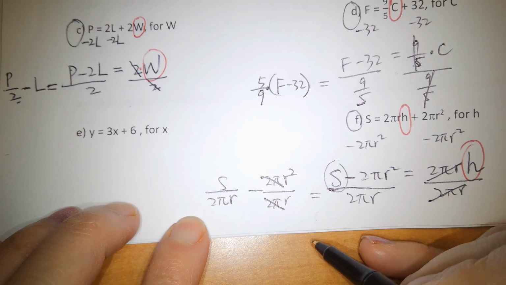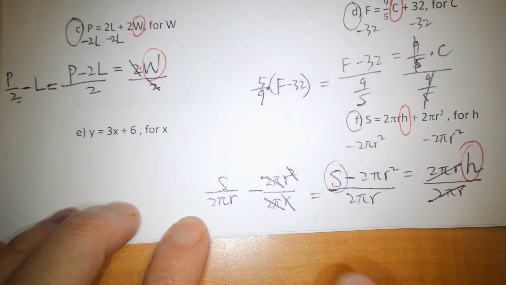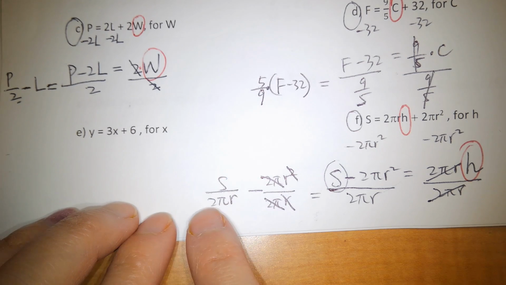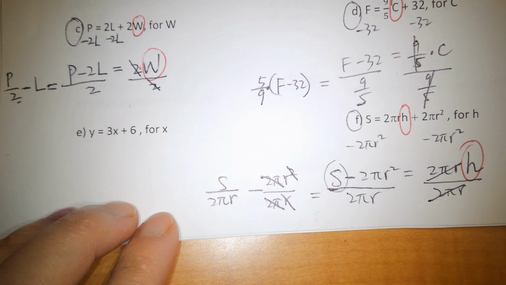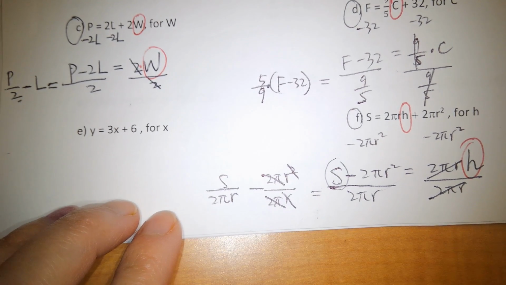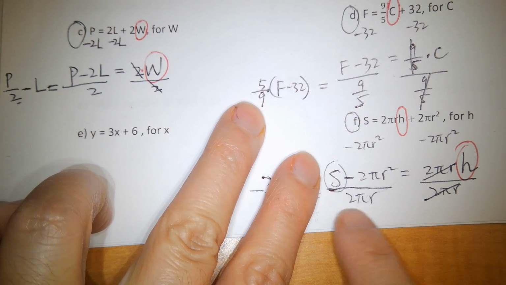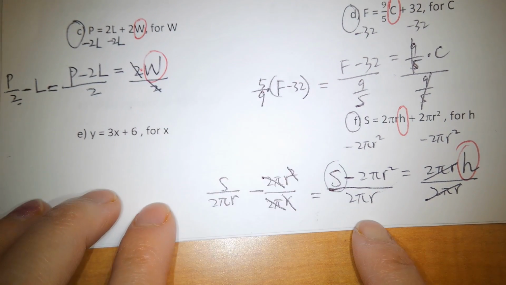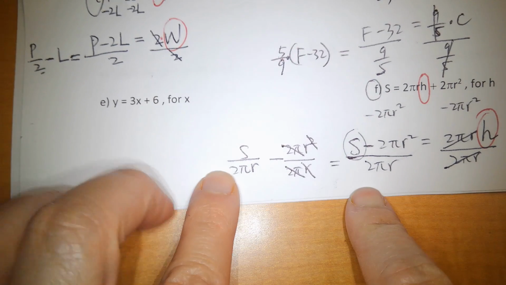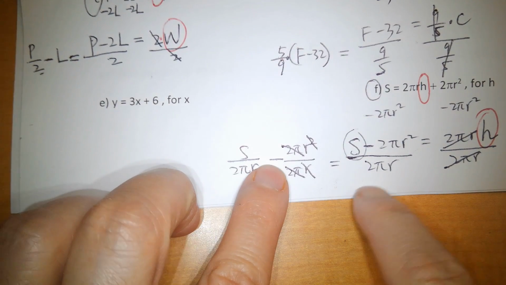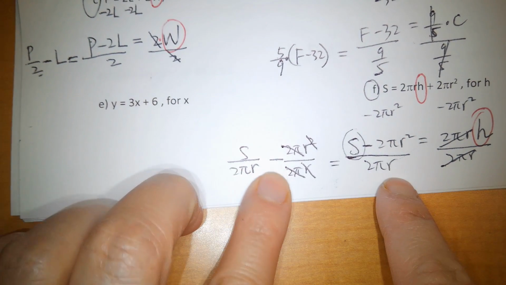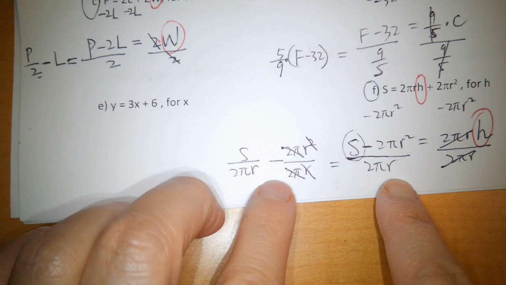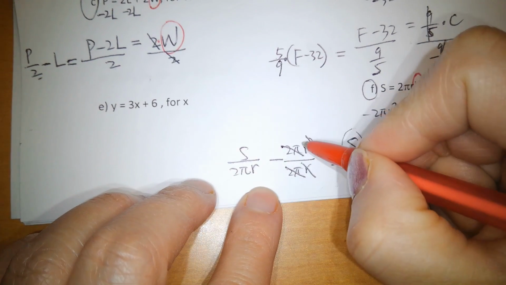So 2 pi cancel. R cancel. So actually it's going to be S over 2 pi r minus r. Oh, okay. Or I would suggest you just leave it as it is here. But if you want to simplify, you use S divided by 2 pi r minus 2 pi r squared divided by 2 pi r and then simplify. Okay. Right? But here there's r left. There is an r.